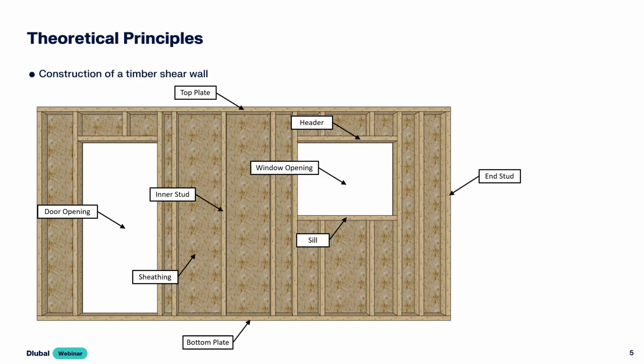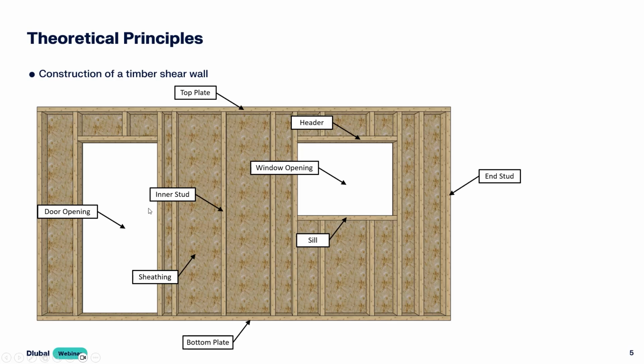The first step is just a quick overview of what a timber shear wall is. I guess most people are familiar with it. We talk about plates, top plates, bottom plates. We talk about studs, depending on whether they are on the edge or on the inside of the shear wall.